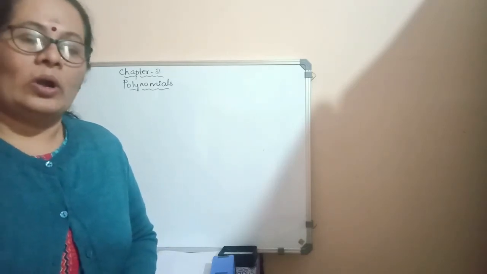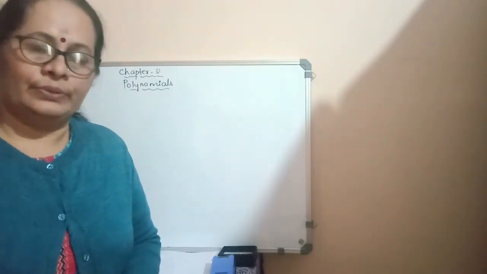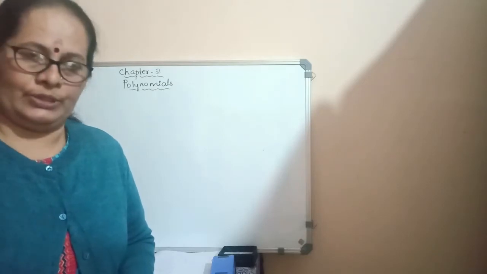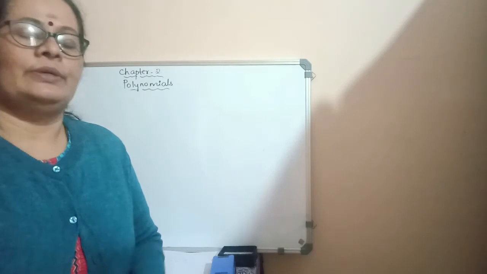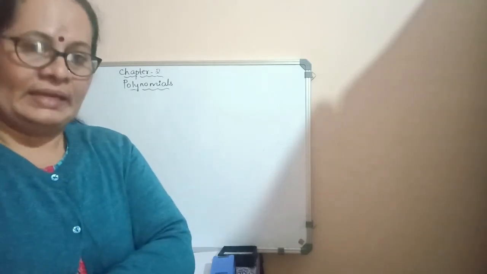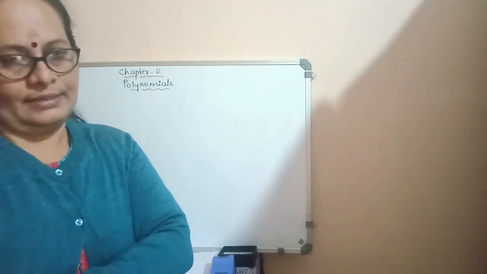Then, for a quadratic polynomial, the degree of the polynomial is 2, so we get at the most 2 zeros. These 2 zeros we take as alpha and beta. These alpha and beta are Greek letters.